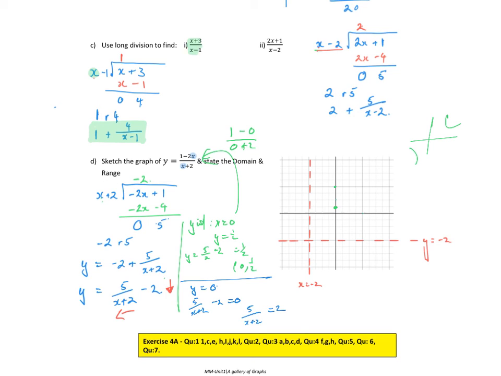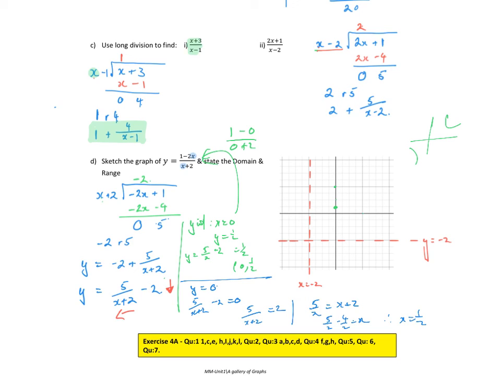Multiply the denominator across and then bring the 2 back. So then I get 5 on 2 is equal to x plus 2. Subtract 2 from both sides. I get 5 on 2 minus 4 on 2 is equal to x. x is equal to a half as well. So it's actually quite a tight fit, isn't it?